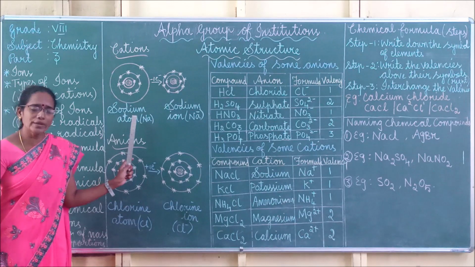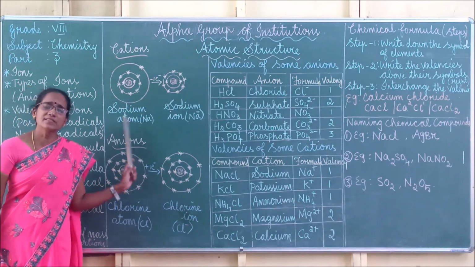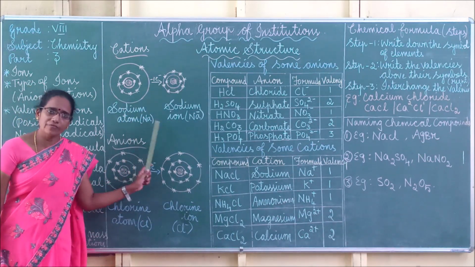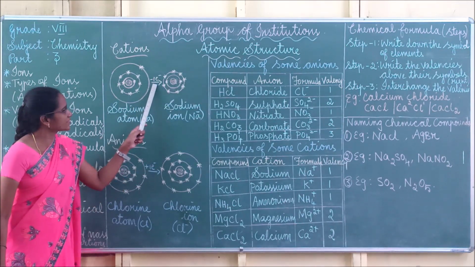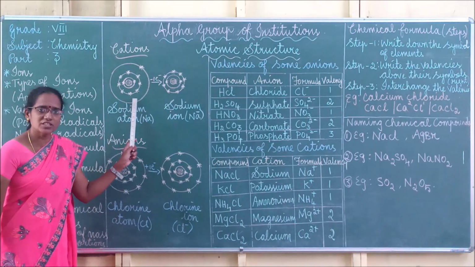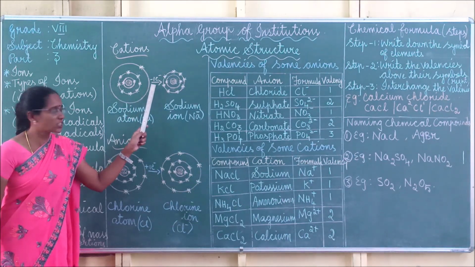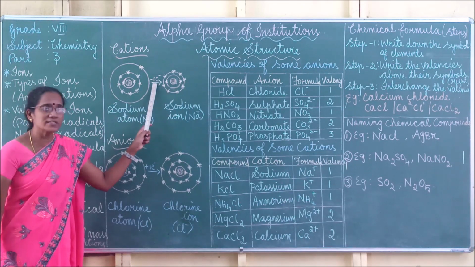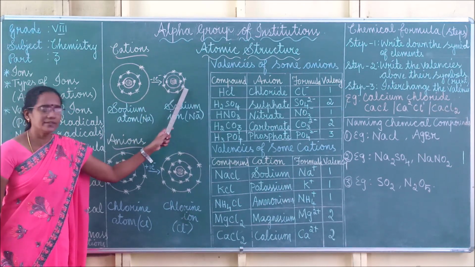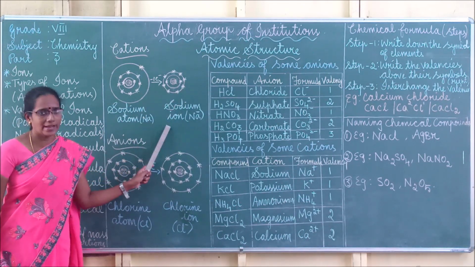Here, this sodium atom attains a stable electronic configuration by losing an electron. So this sodium atom loses 1 electron, that is minus 1 e minus, and turns into a sodium ion.